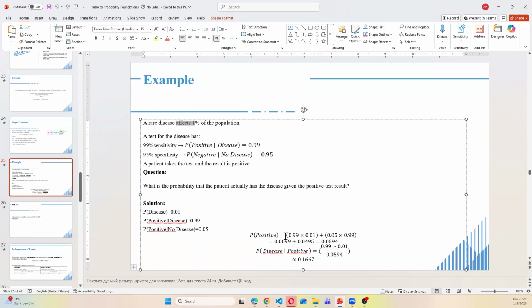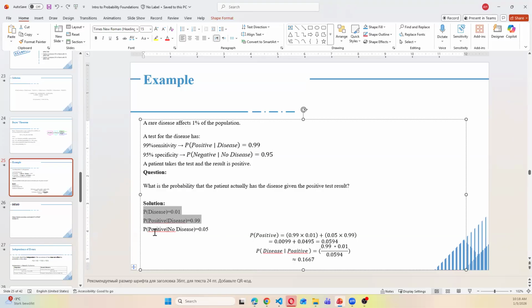Then we have the probability of positive equal to 0.99 multiplied by disease, plus positive given no disease times 0.99. So it's correct. For the probability of positive, first we count whether it's positive or not. It should be disease and also positive, so the probability of disease is 0.01 times the probability of positive given disease, 0.99. This is one portion.